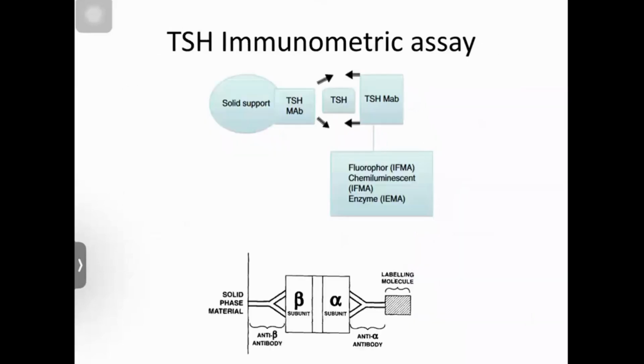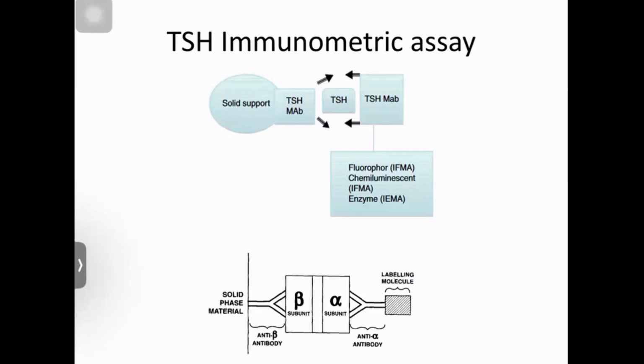This is basically the schematic diagram of how the immunometric assay of second generation, third generation, was made. There is a solid support at the base of the tube or the well that they use, and on that there is the TSH monoclonal antibody. If you look below, the diagram shows the beta subunit of the antigen binding to the anti-beta antibody on the solid phase material.